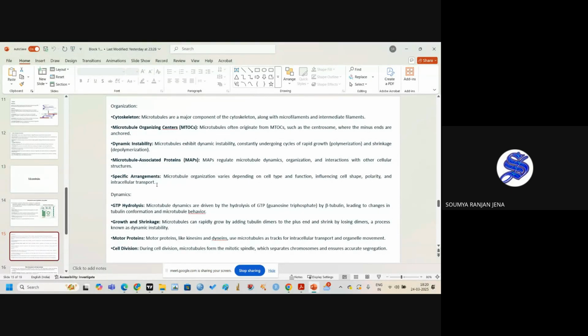If we go to the dynamics, how polymerization and depolymerization occur: microtubule dynamics require hydrolysis of GTP molecules. In actin filaments, that requires ATP molecules. Here we require GTP, guanosine triphosphate, bound by beta tubulin.